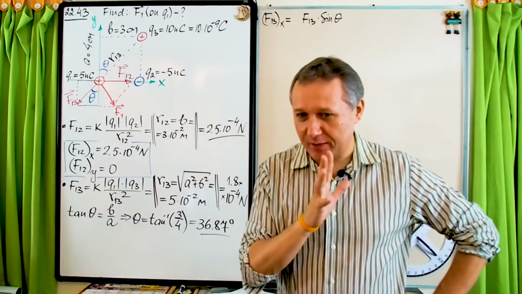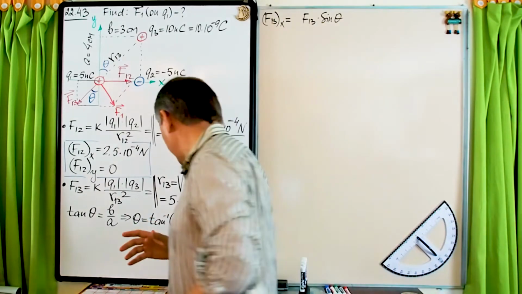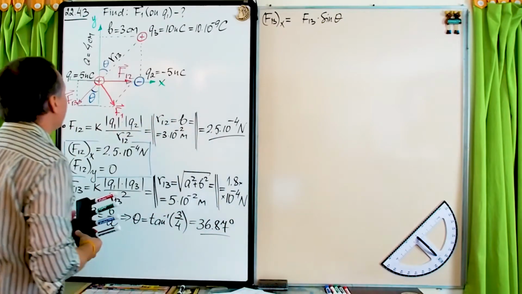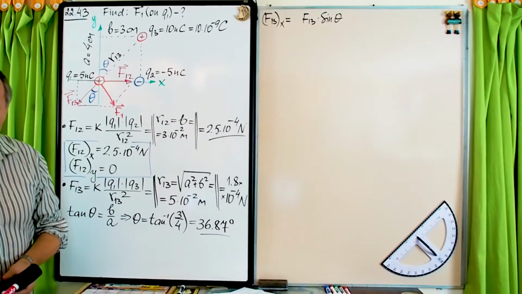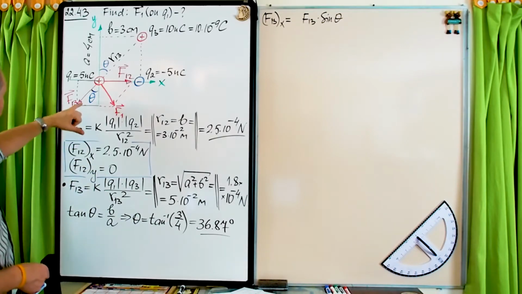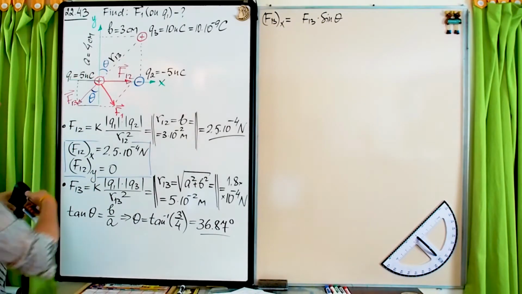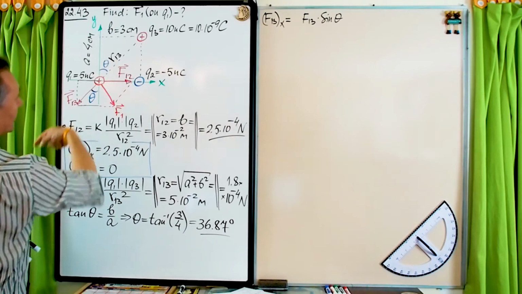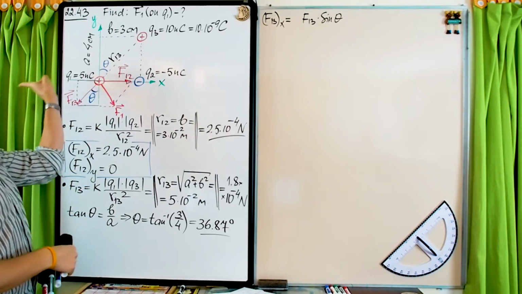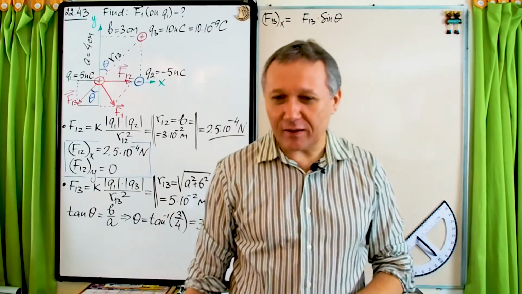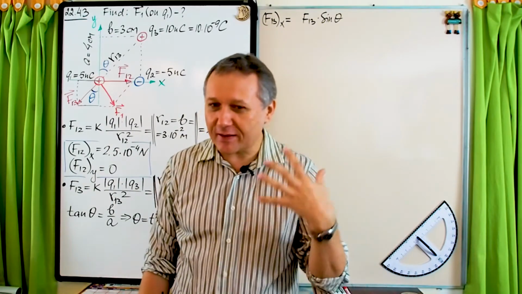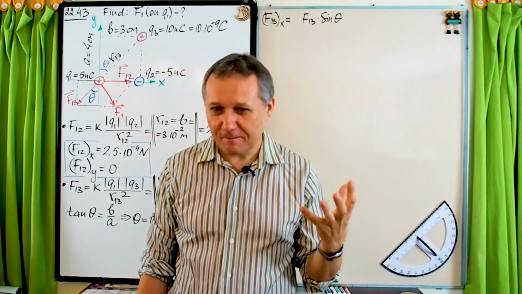It happens every semester, right? So that's why I push on you so much here. Now let's look at the direction of this component. You see this vector F13 points that way, partially in the negative x direction. So what can you tell about the x component of this vector?